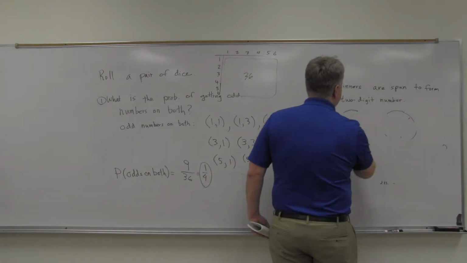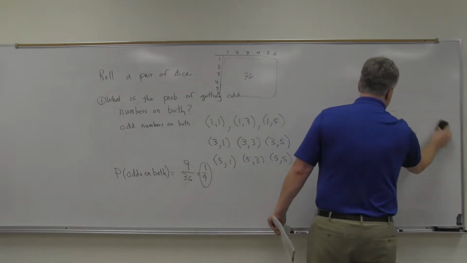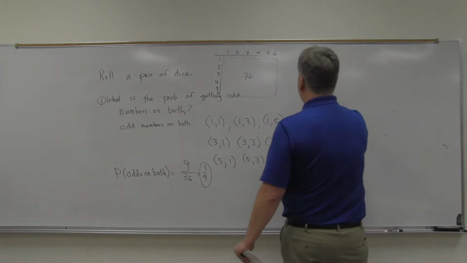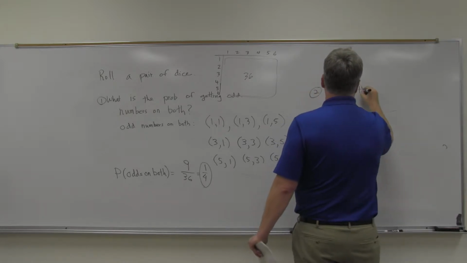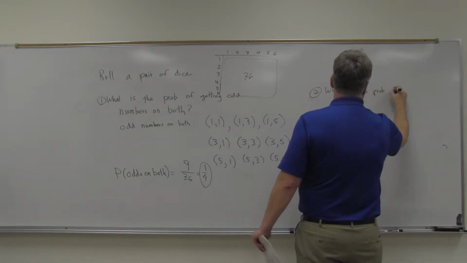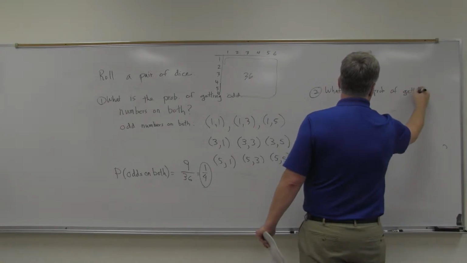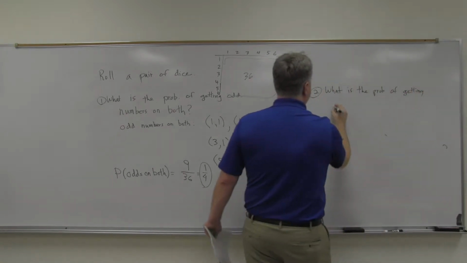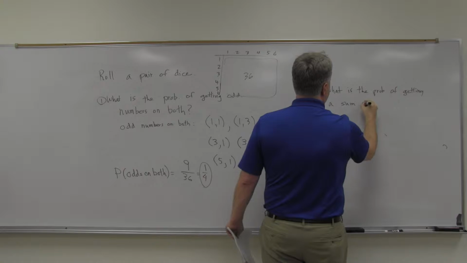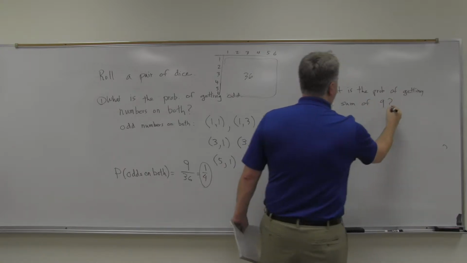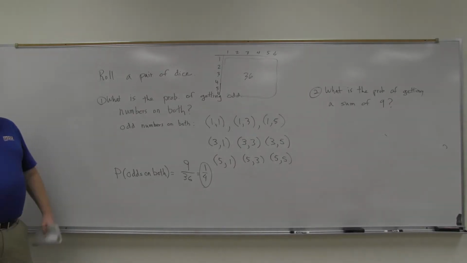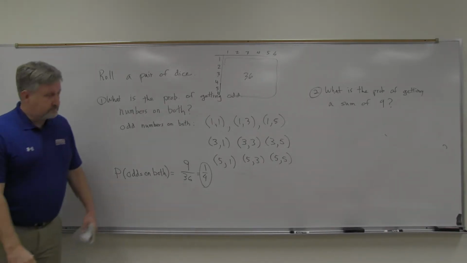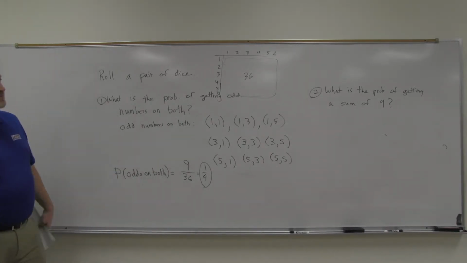Now, another thing they like on these is, with 2 dice, what is the probability of getting sums. So let's just do the sum of 9. What's the probability of getting a sum of 9? Well, same concept.